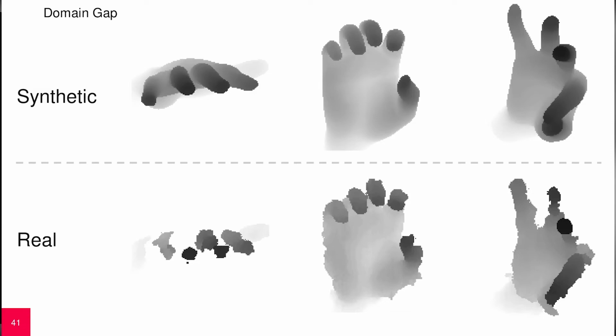For our task of hand-pose estimation, we have synthetic samples which correspond to real samples in terms of the pose, like you can see here on this slide, and you can clearly see the domain gap, the noise you don't have in the synthetic data. This is usually an issue when you train these models.